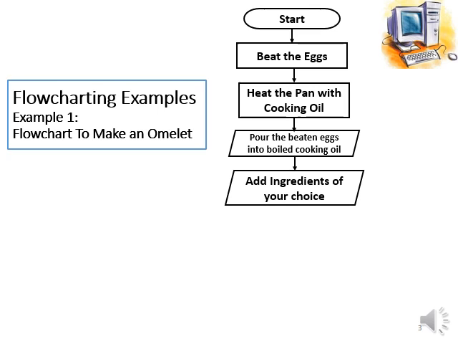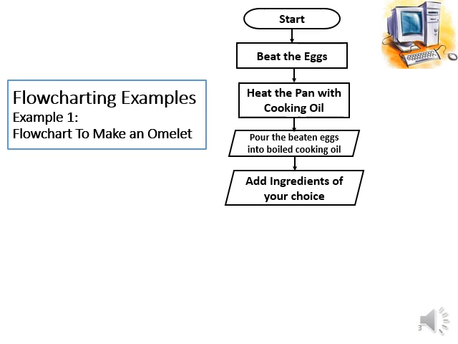Again, add ingredients of your choice. It depends on you that what kind of omelette you are making. You can add onion and tomatoes, you can add green chilies and some other things inside the omelette. So it depends on you.